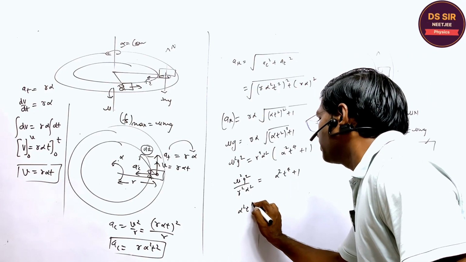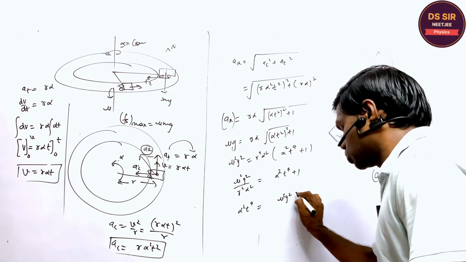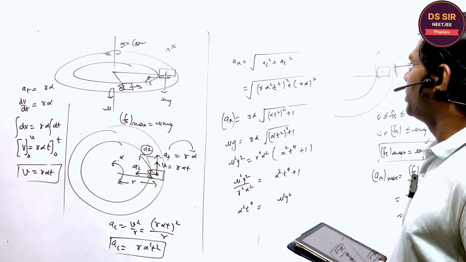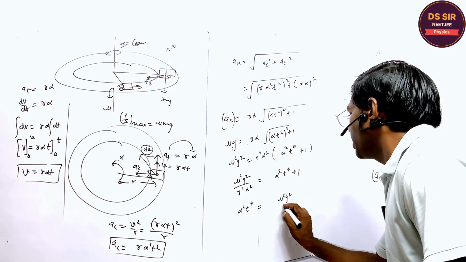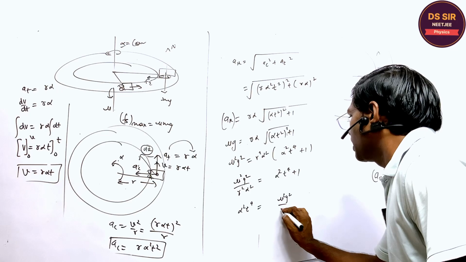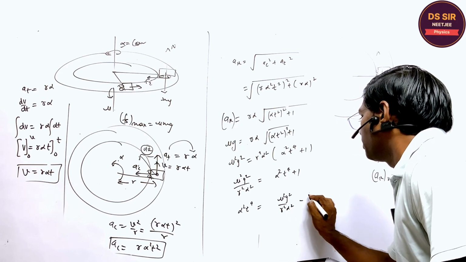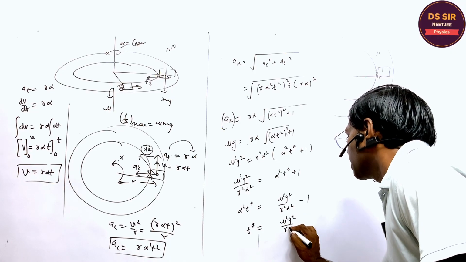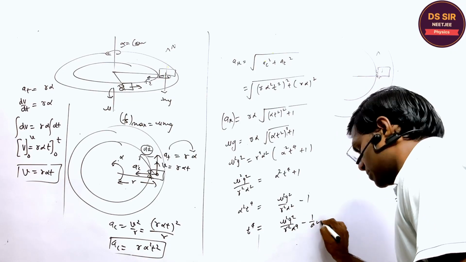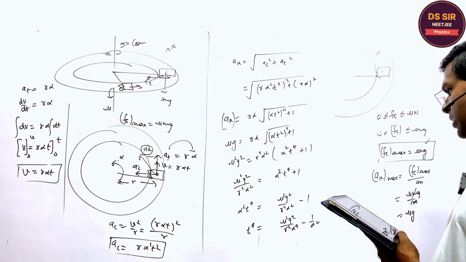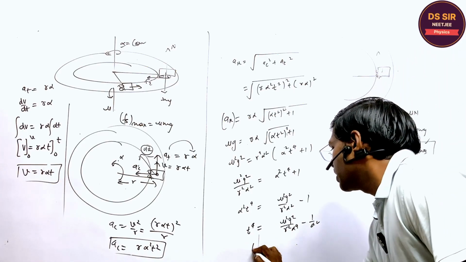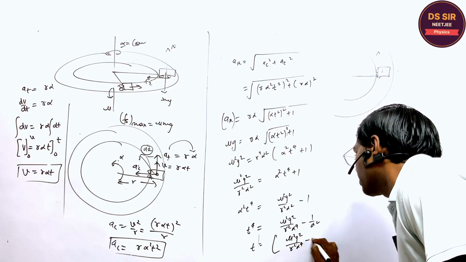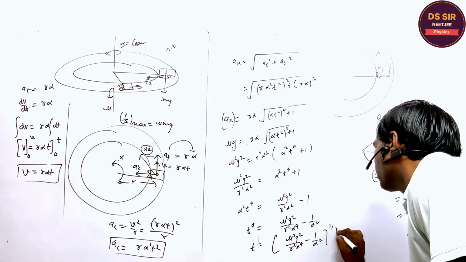So alpha square t to the power 4 equals mu square g square upon r square alpha square minus 1. So t to the power 4 is mu square g square upon r square alpha to the power 4, minus 1 upon alpha square. Then t is equal to that whole quantity to the power 1 by 4.